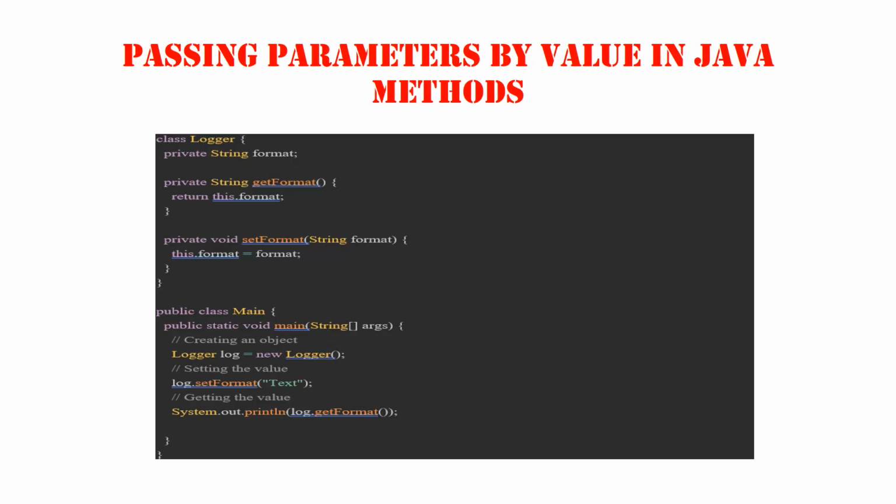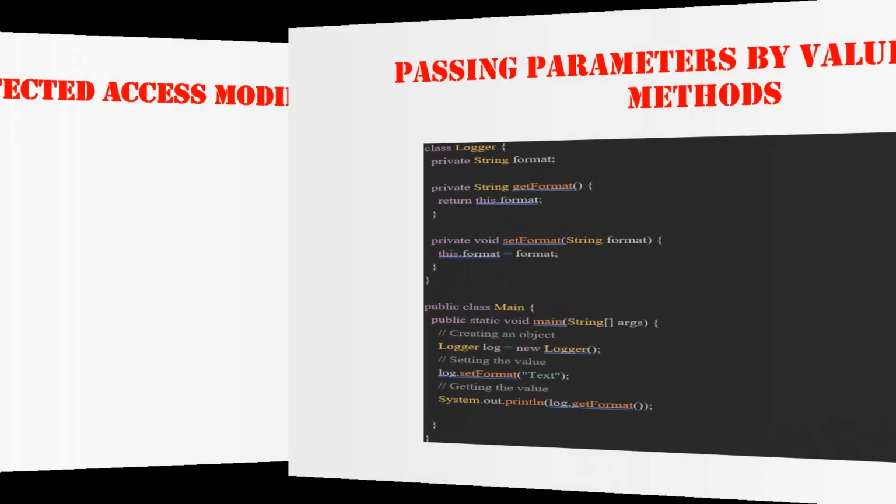There is assignments of the string format, and we have assigned it a certain value here called text. So you have the log, and then you are setting it a format to have the value. So you've set the value there of the logger to have a text, so that you can be able to print it out on that getting.